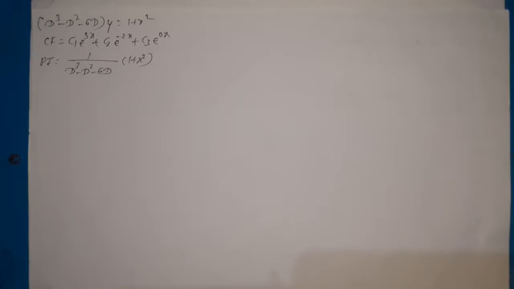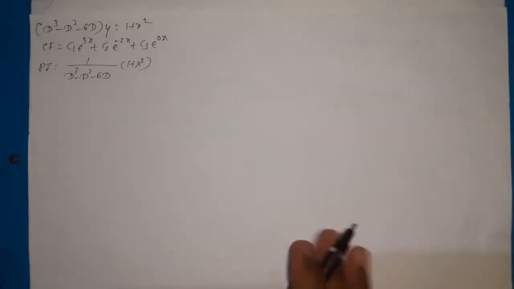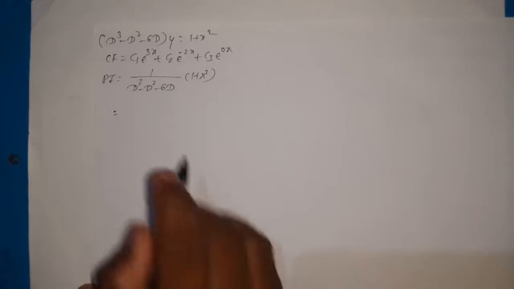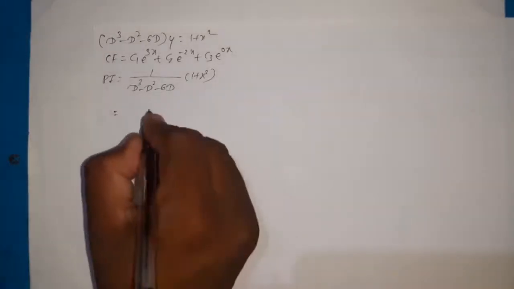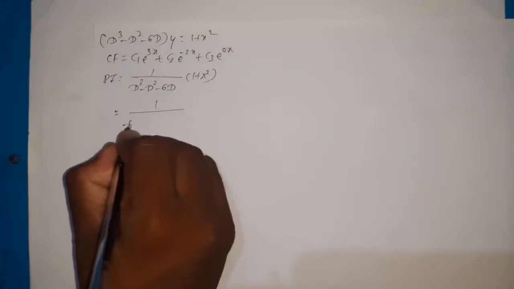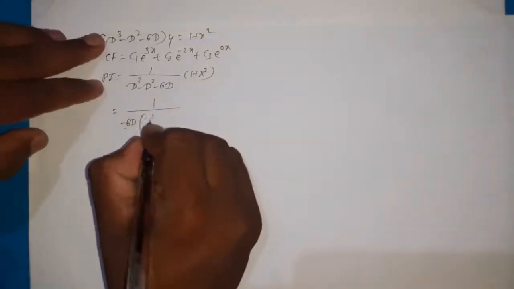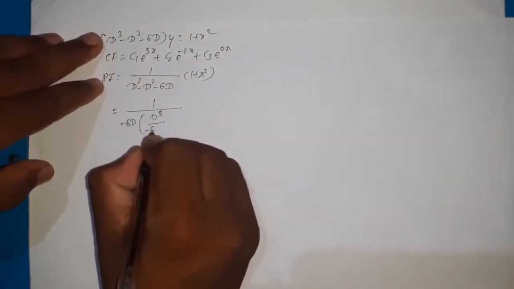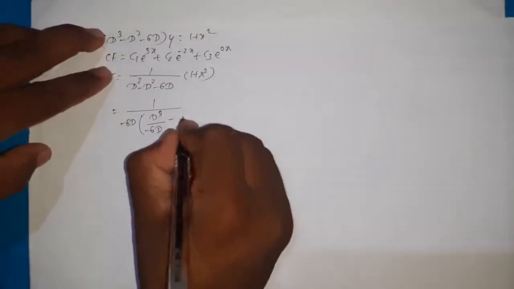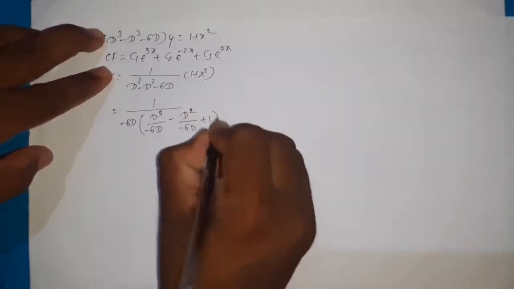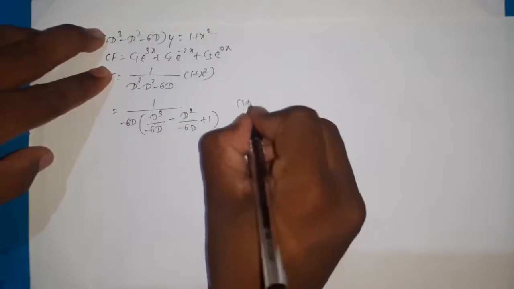Except these two, any higher order terms of D we need to neglect. Here the lowest degree term is minus 6D, so 1 divided by minus 6D is taken outside. Then the remaining is D cube divided by minus 6D, minus D square divided by minus 6D, plus 1, into 1 plus x square.